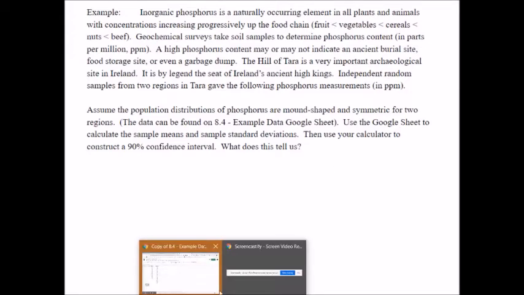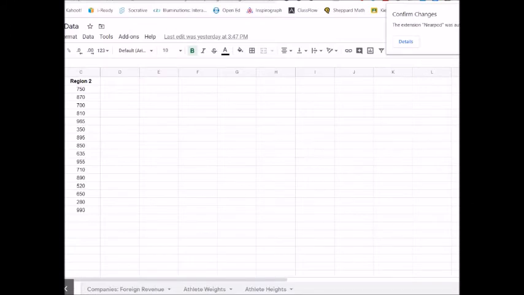What we're going to do is go to this Google Sheet, and we're on Ireland artifacts or something like that. In any case, we have two regions, and we're going to get a sample size.